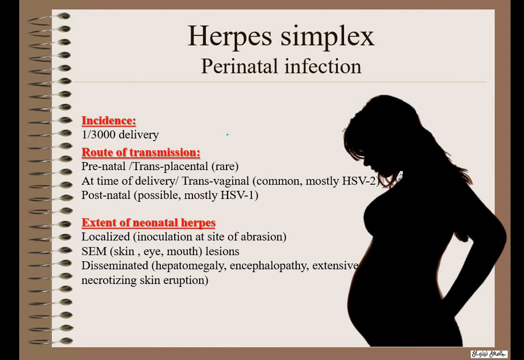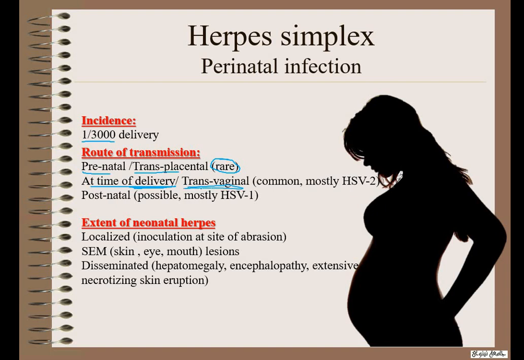Regarding perinatal infection of herpes simplex, this usually occurs in 1 in every 3,000 deliveries. As for the route of transmission, prenatal or transplacental transmission is very rare, but the common way of getting the infection is at the time of delivery, or transvaginally.